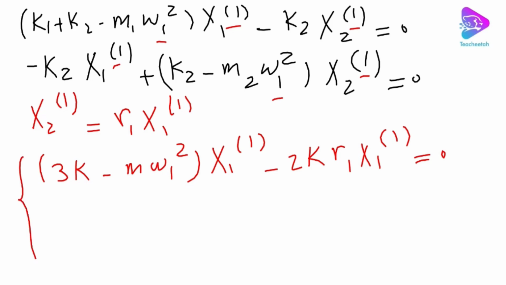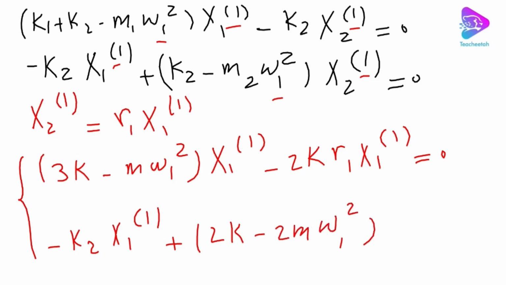And the second equation gives us minus k2 x11 plus k2, which is 2k, minus m2, which is 2m, omega 1 squared times x21, and x21 is r1 x11, equal to 0. So from these two equations we can simply find r1, right? We can cancel out the x11s from the two sides of the equation and find the relationship for r1.